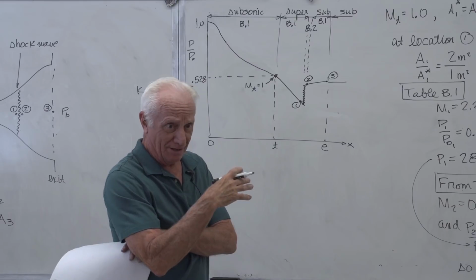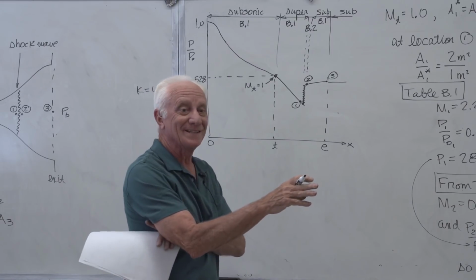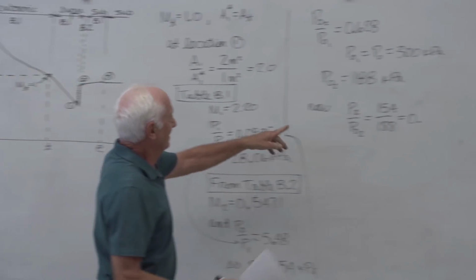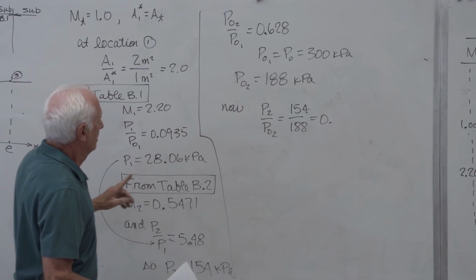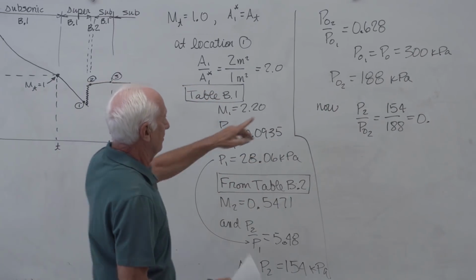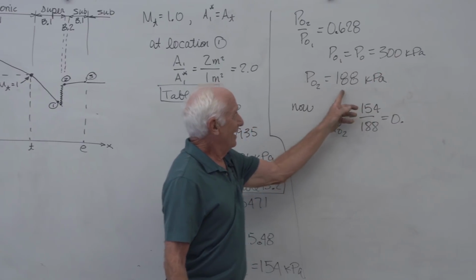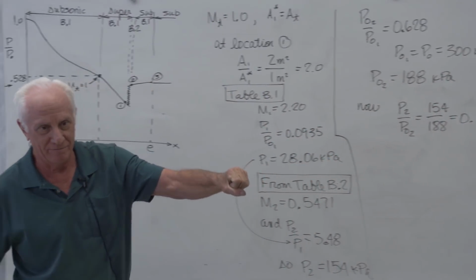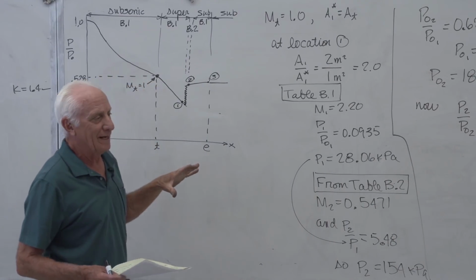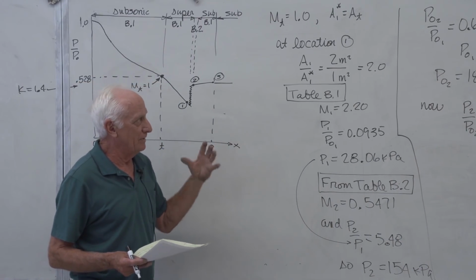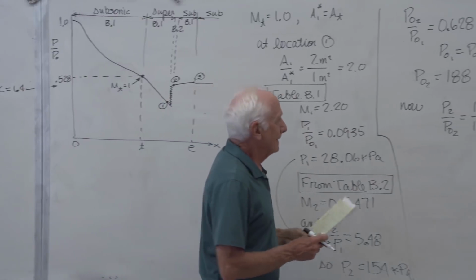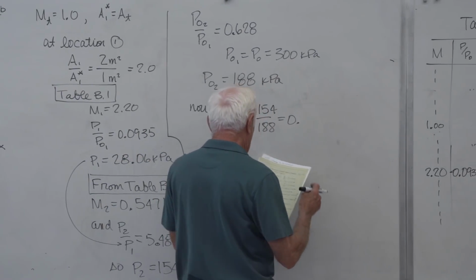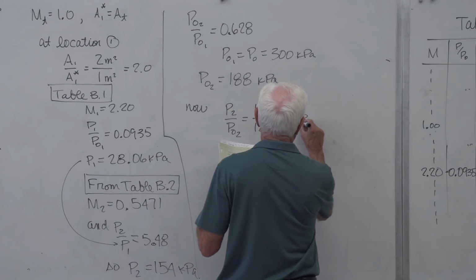To fight the shock, to push the molecules through the shock wave takes energy. So this energy goes down. What was P naught 1? 300. It went down to 188 because it took a lot of energy to push that molecule through the shock wave. So P naught is a measure of the energy the fluid has. So this ratio is 0.819.